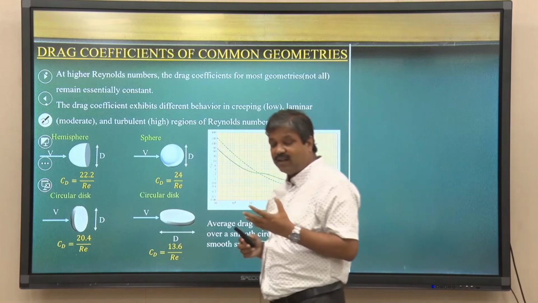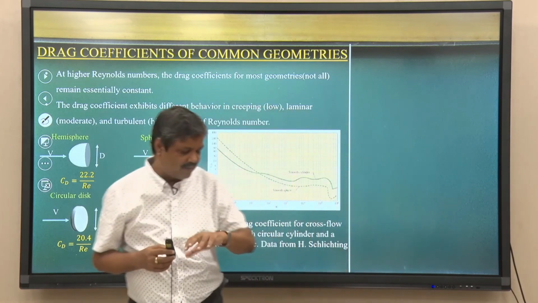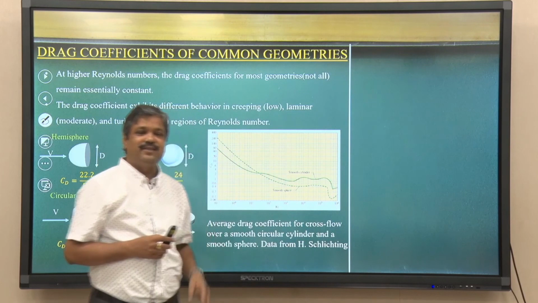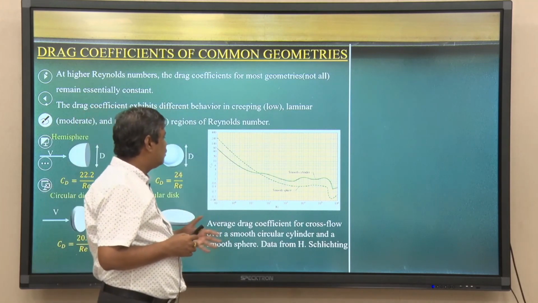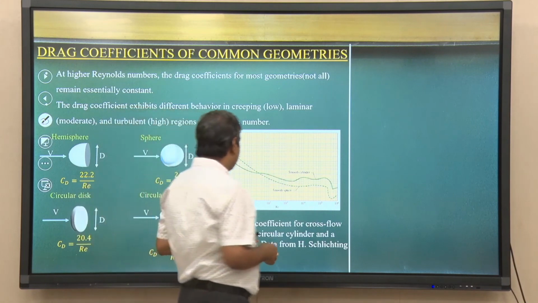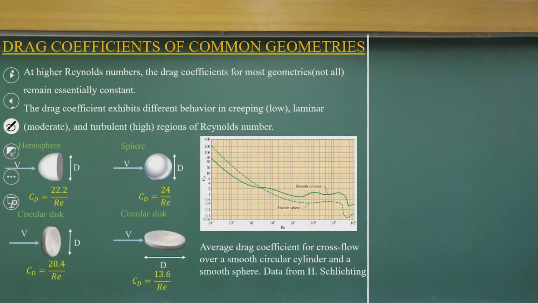Now, come back to very common geometries, which we have easily from experiments. If you look at smooth spheres, smooth because there is not much roughness, the Cd varies with Reynolds number.